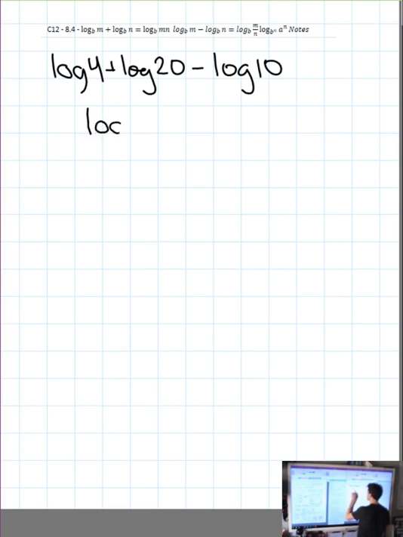So log. Now I'm working with fractions, so I'm just going to start off with an over, just like when I'm working with negative exponents or anything like that. I know there's going to be something that I'm multiplying and dividing.